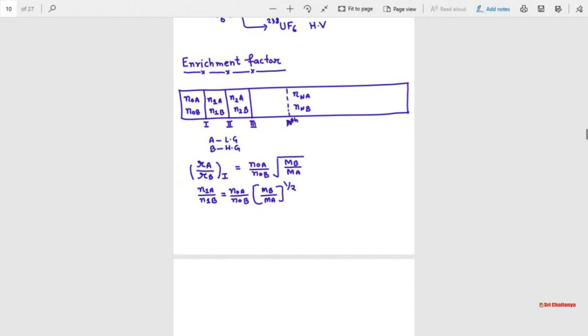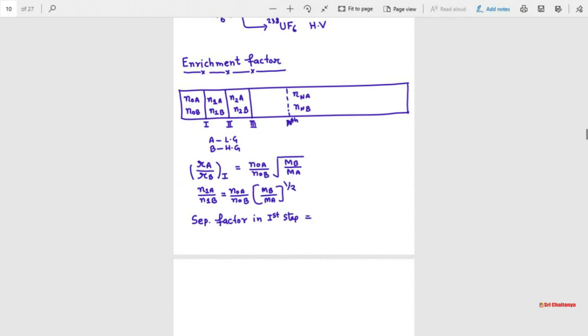So here there is a term known as separation factor. Separation factor in a single step, if I want to write that, what is the separation factor in the first step of diffusion or in a single step of diffusion?